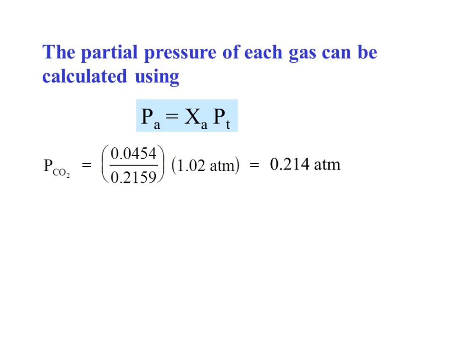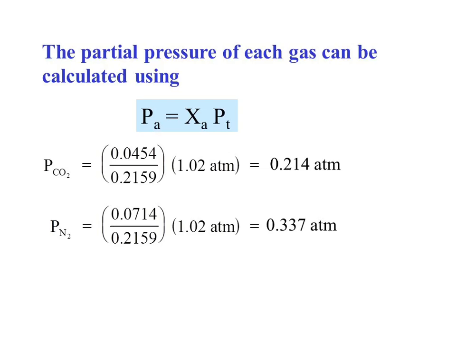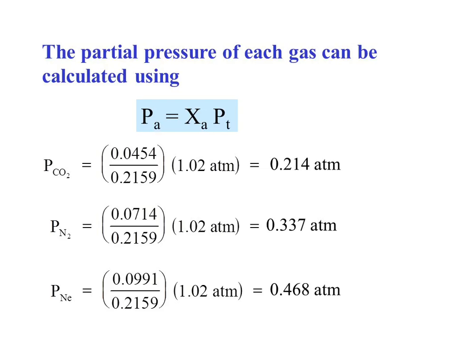So the partial pressure for the other 2 components is going to be very similar. The only thing that's going to change is that number in the numerator. Makes sense? So for the nitrogen, we came up with the individual moles of nitrogen, 0.0714 moles divided by the total moles, 0.2159, times the total pressure.